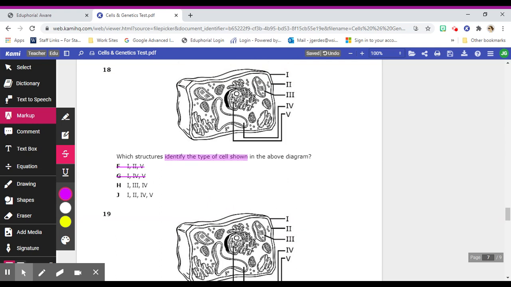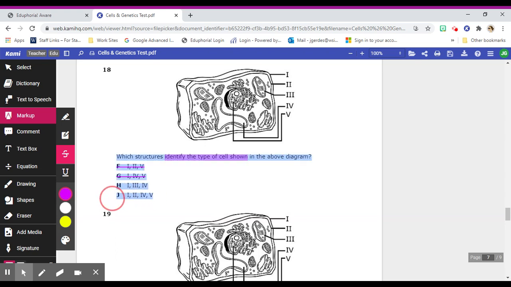Okay, so H has this one, which is the one that looks like it has pancakes or money stacked up. Remember, that is the chloroplast. And then J has this extra, which is the nucleus, which plants and animals both have.